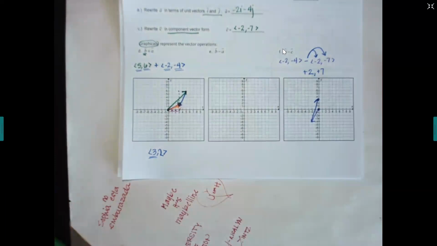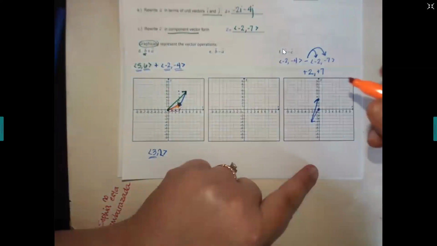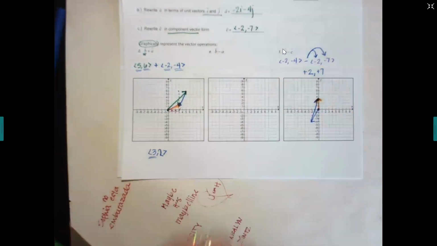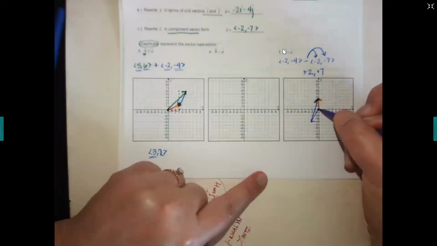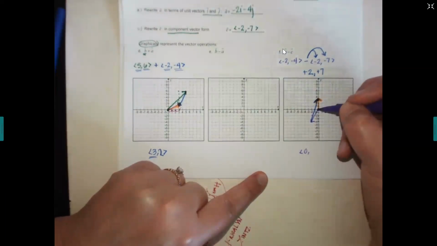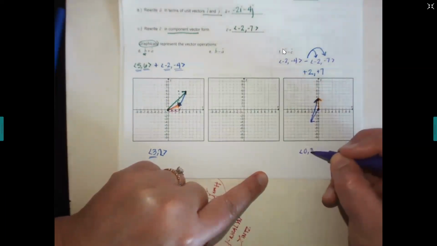And then remember that your resultant vector, you connect the original starting point to the new end point. So it's going to be from here to here. That would be your answer vector. And then remember, you can just count your x first. So since it goes straight up, my x is a 0 and my y is a 1, 2, 3.